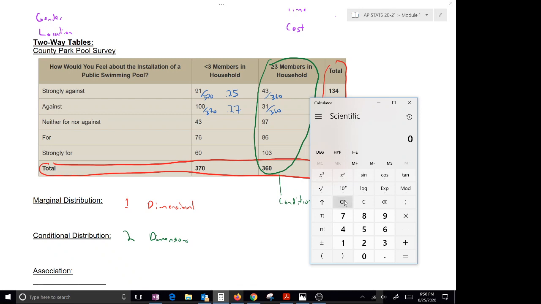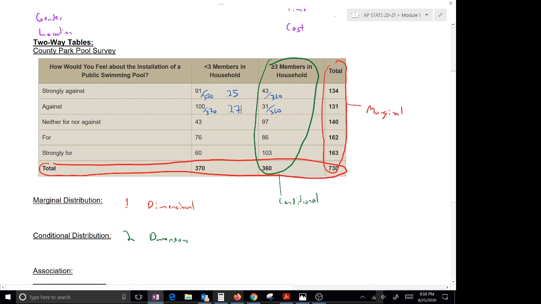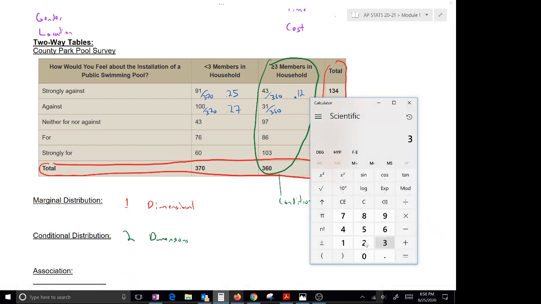Versus if we do, we get about 12%. And about 9%.